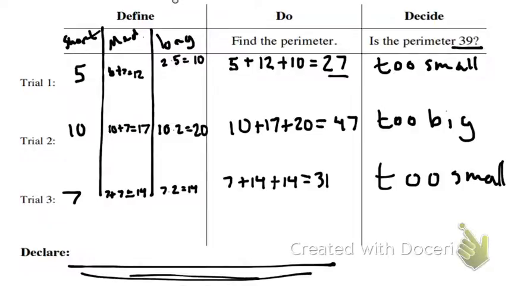Don't just settle for saying, here's the number. Okay, the length of the short side is, you fill it in. The length of the medium side will be, and the length of the long side is. Make clear sentences stating exactly what the answer is.